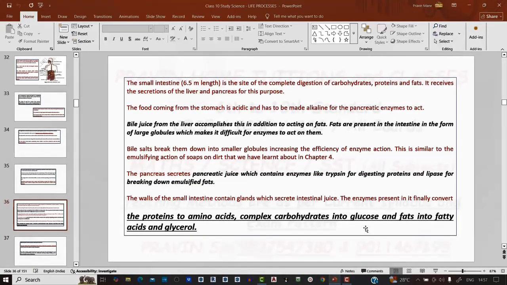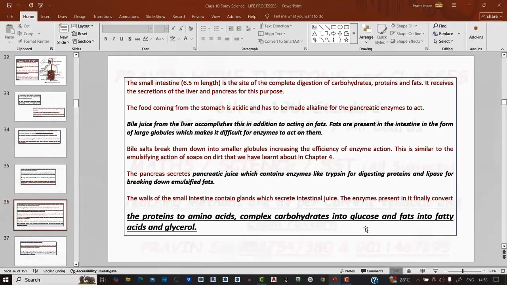In the small intestine, the complete digestion of carbohydrates, proteins and fats takes place. The small intestine receives secretions of the liver and pancreas for doing complete digestion.